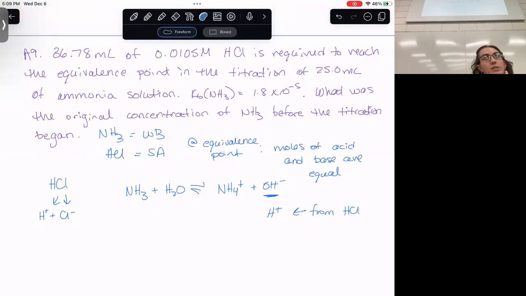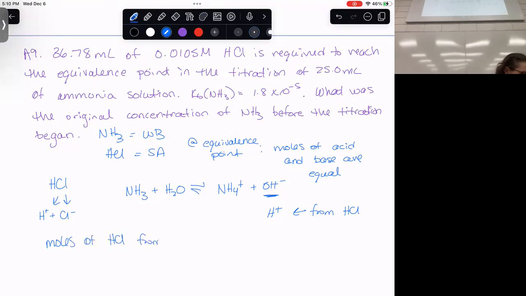What else do we know? What else can we find out? And how do we find that? Good, right? We can find moles of HCl from our molarity and the amount of volume given.